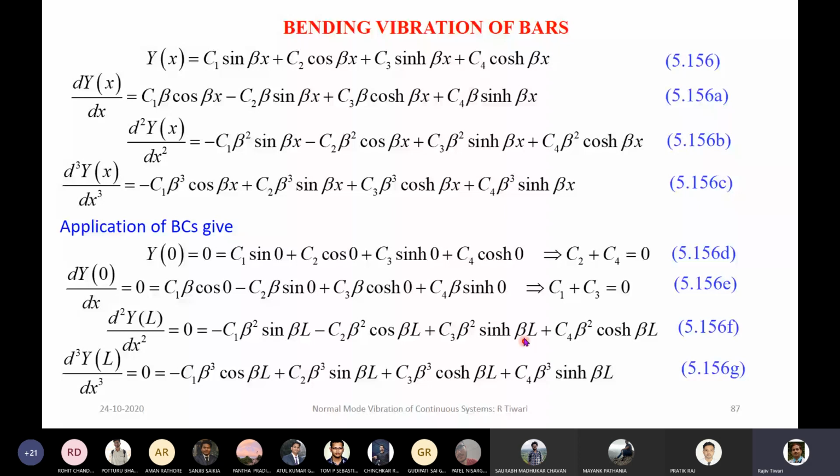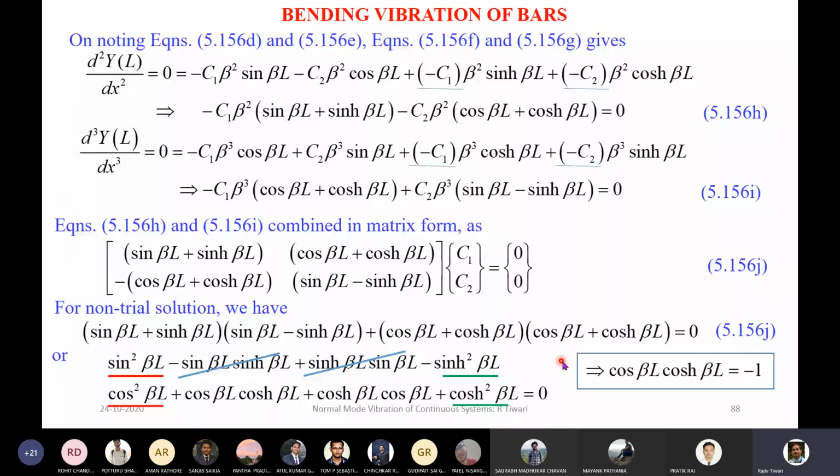You can see that C3 has been replaced by minus C1, and C4 has been replaced by minus C2. If we simplify, we'll get this expression. Now this contains C1 and C2 only. Similarly, in the last equation of the previous slide, we replace C3 and C4 so that we are able to express this equation also in terms of C1 and C2.